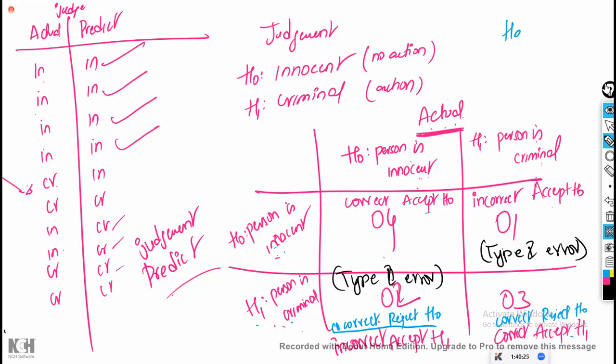Let us try one more example. So once again, I'm going to select one more example.